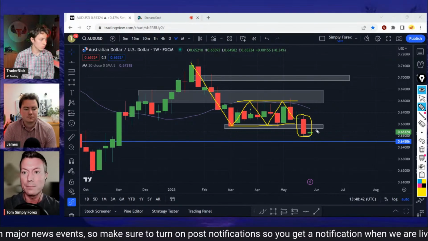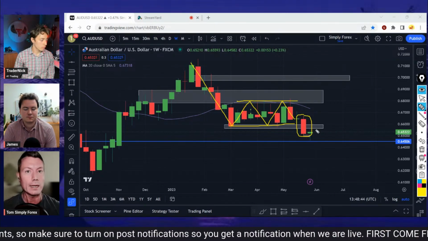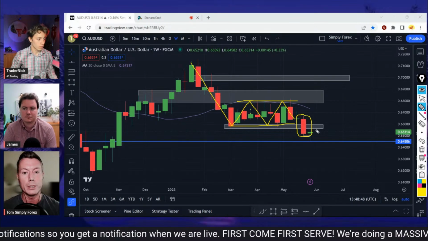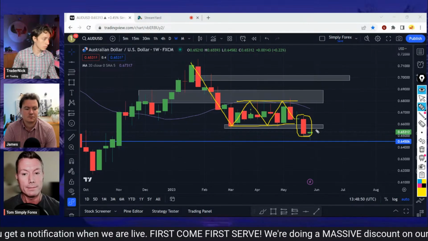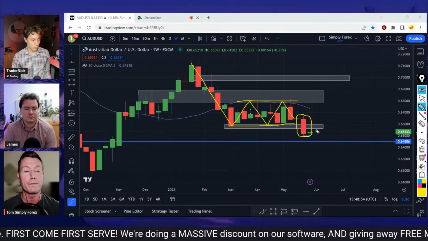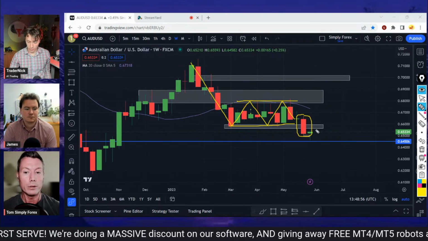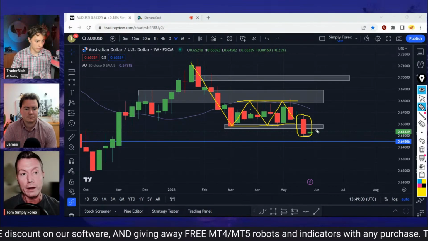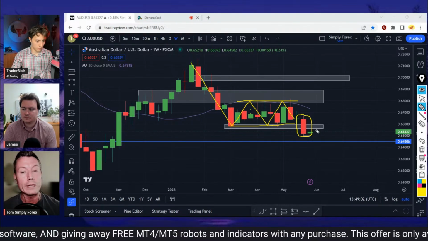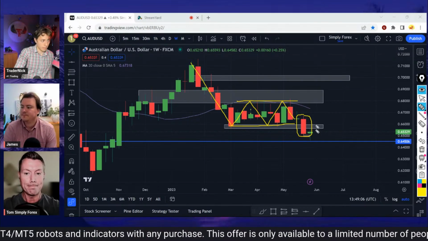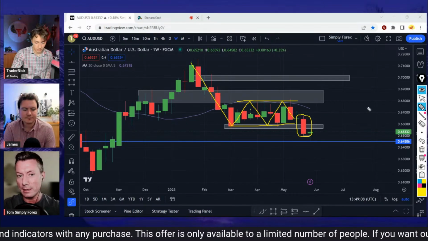Obviously this can be impacted by the data that comes out, the NFPs, the interest rate decision. But looking at that chart, I'm expecting prolonged US dollar strength on a mid-range time frame, and on the shorter time frame a little bit of a retrace in this strength. So that's what I'm seeing.